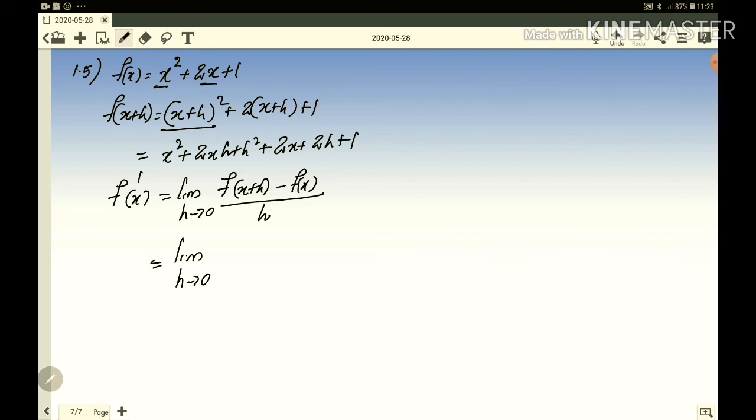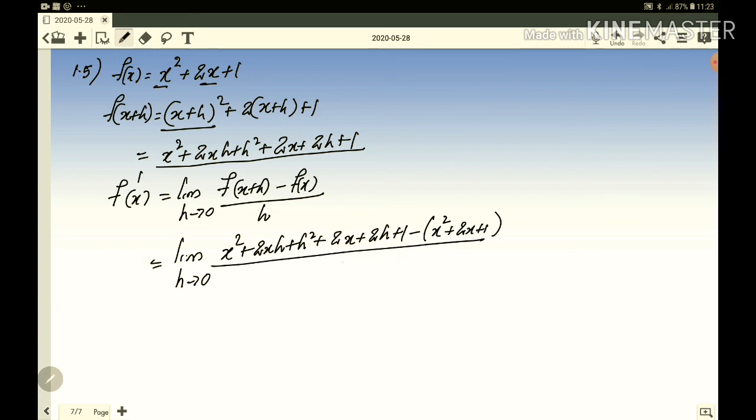In the place of f(x+h), I'm going to write this, that is x² plus 2xh plus h² plus 2x plus 2h plus 1. This is f(x+h). Then from the formula, next thing is minus f(x). How many terms are there in f(x)? Three terms. So use a bracket: x² plus 2x plus 1. Close the bracket, then divide by h.